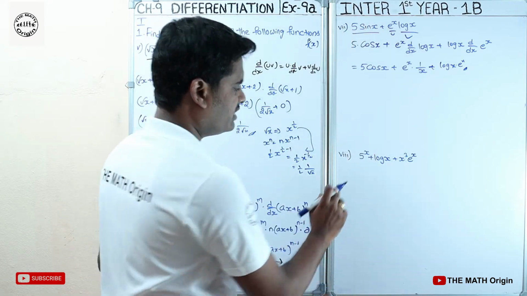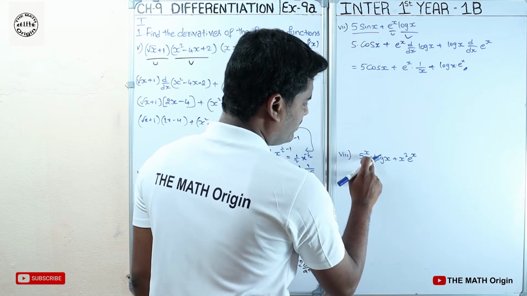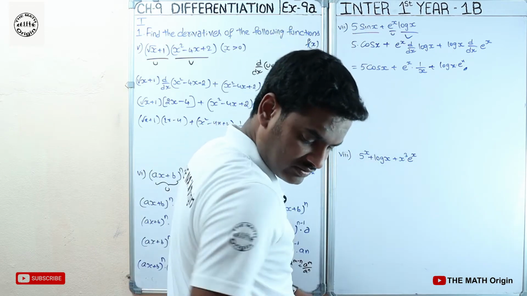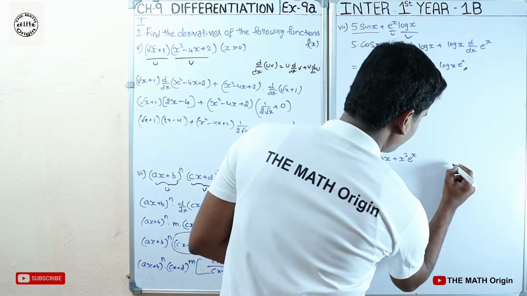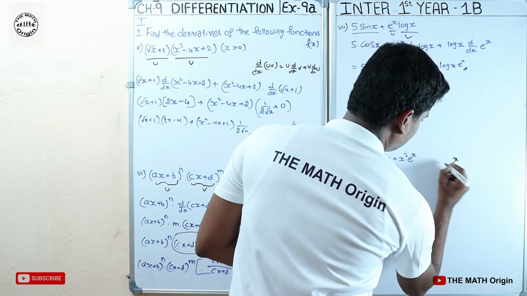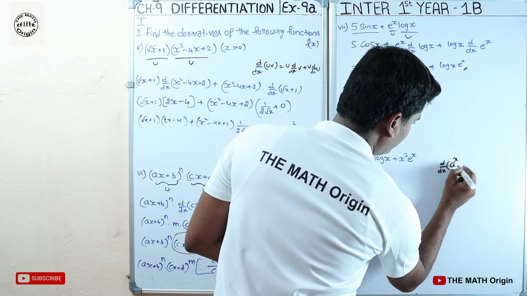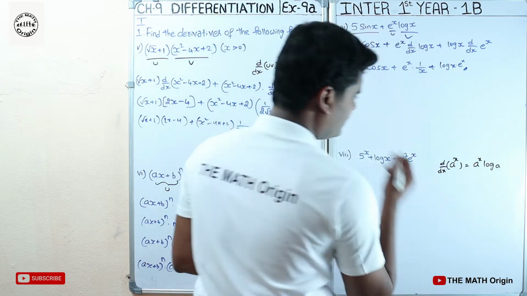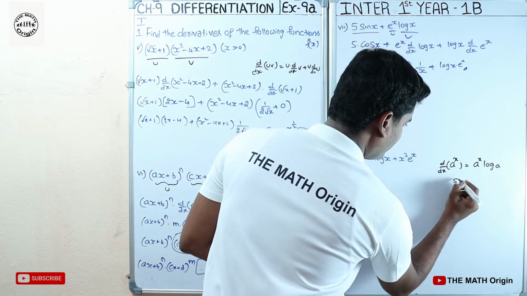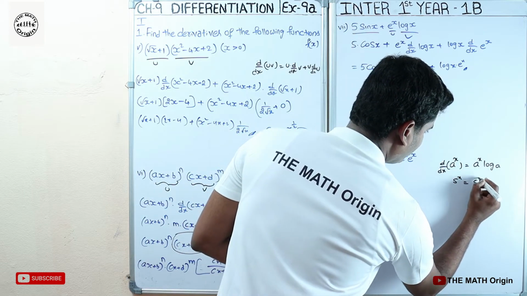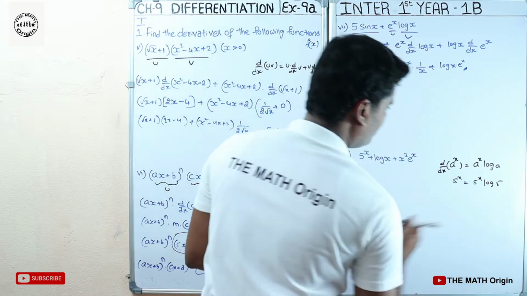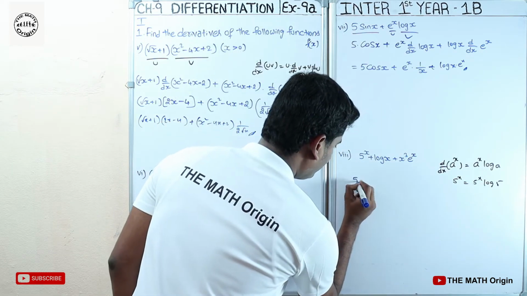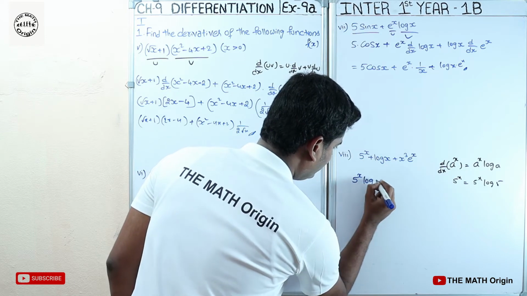Now the eighth question: 5 power x plus log x plus x cube e power x. So 5 power x is in the format of a power x. d by dx of a power x is a power x log a. So for 5 power x, this will be 5 power x log 5.